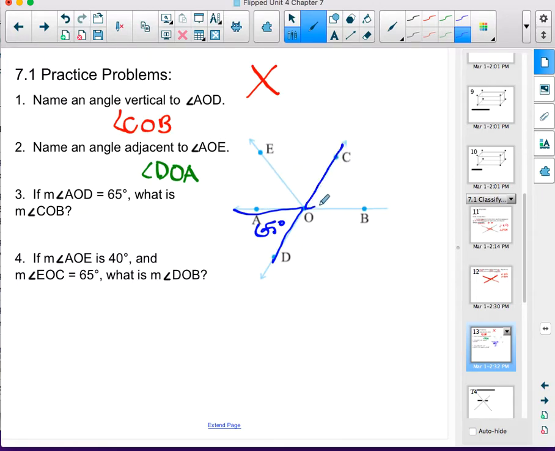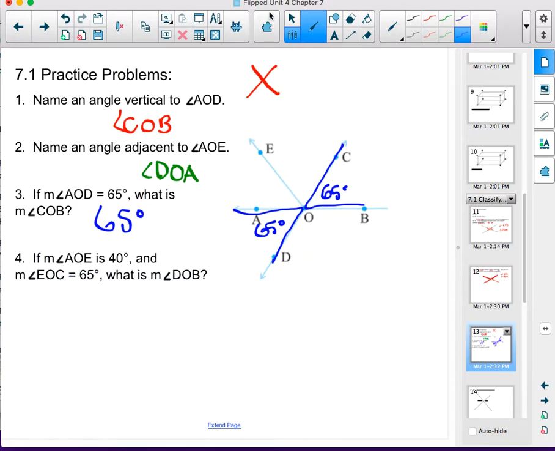So I'm going to trace that angle. Well, if I look, I've created an X. So those 2 angles sit across from each other, which means they're vertical angles, and they have the same measurement. They are congruent. So number 3, the measure of angle COB will also be 65 degrees.